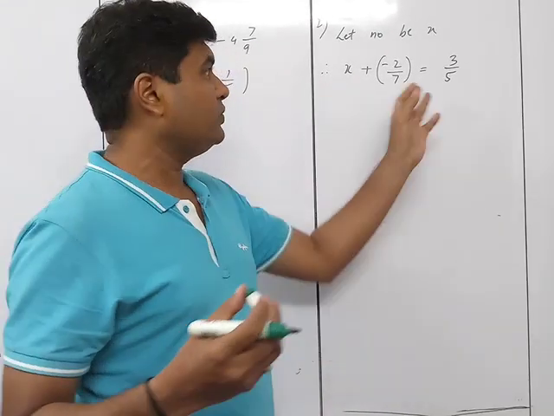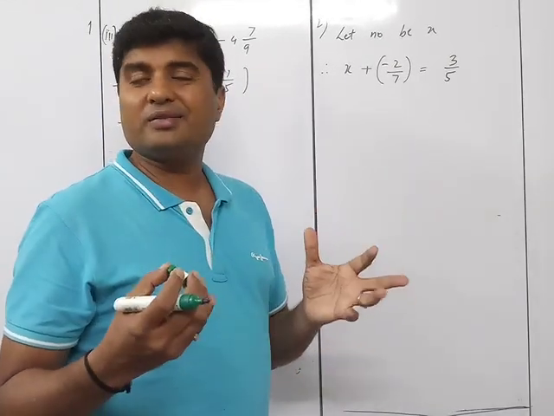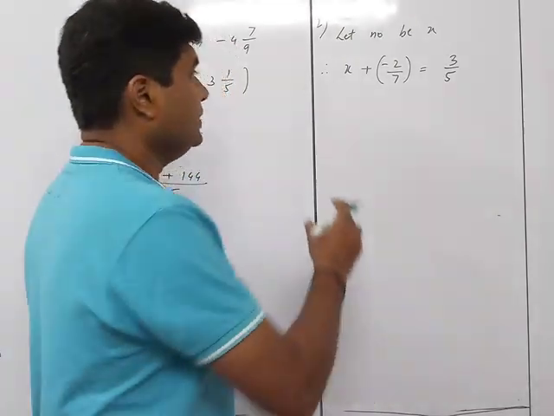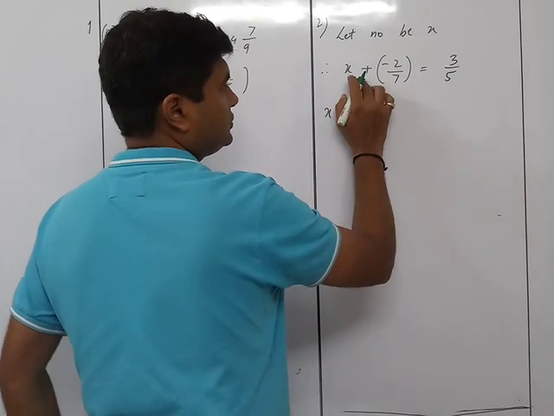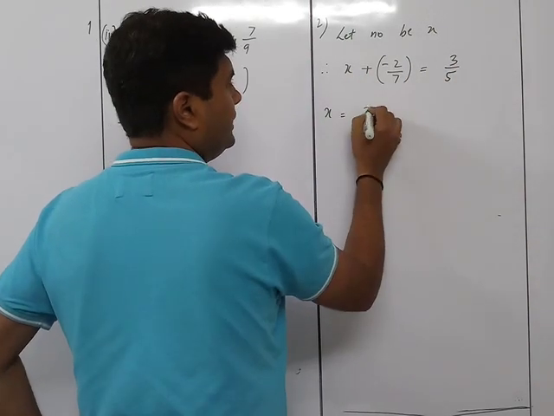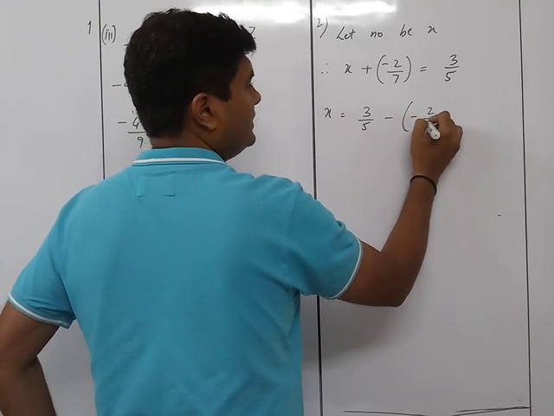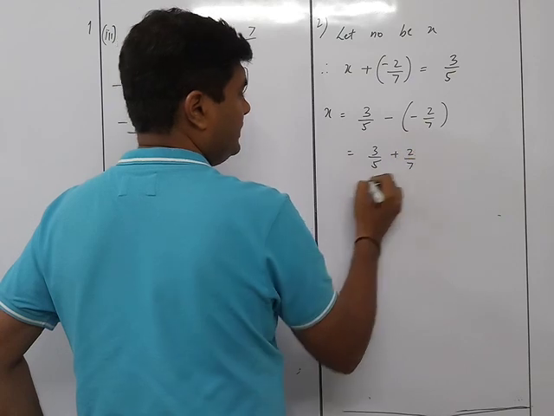Of course, you know that you just need to subtract it from here, but when you take it this way, we are much more confident about what we are doing. So here x will be equal to, now this goes over here, so this is plus, so it will be minus over here. It is 3 upon 5 minus 2 upon 7, that will be 3 upon 5 plus 2 upon 7.